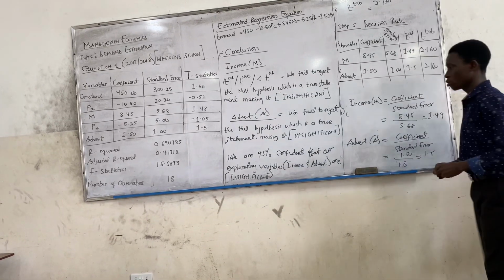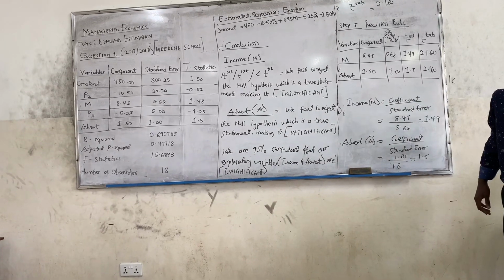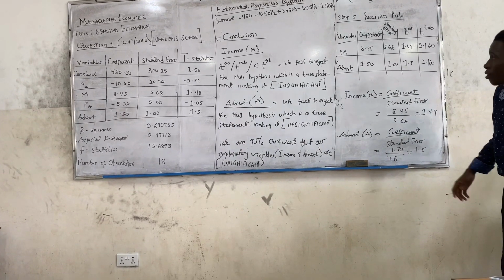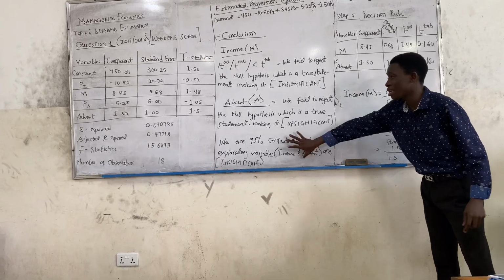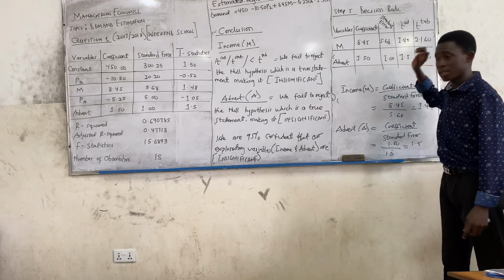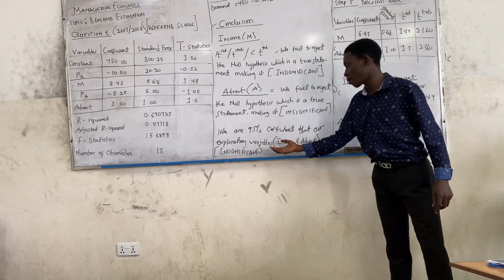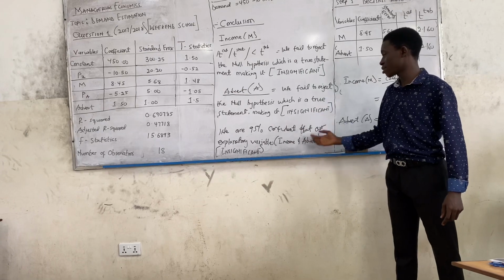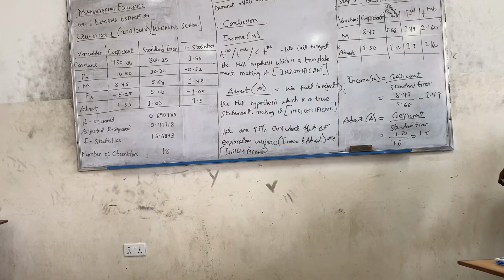That's it. So basically, with question 5, that's all they need, only this. But before you're able to get this, you must use the 5 processes, that's all it is. So we are 95% confident that our explanatory variables, income and adverts, are insignificant. So we are done with that question.